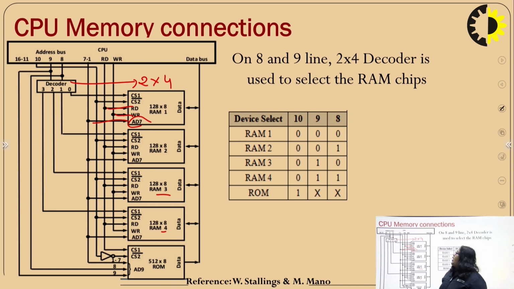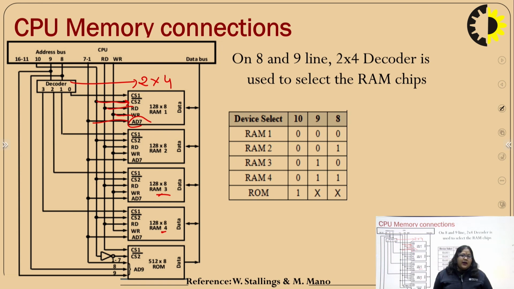So for the 10th bit we give 0, this is for the chip select complement. So if we give 1, because this is complemented, it is actually 0, and the same way we give 1 to RAM 2 chip select 2, so it is basically 0, same as RAM 3 and RAM 4.